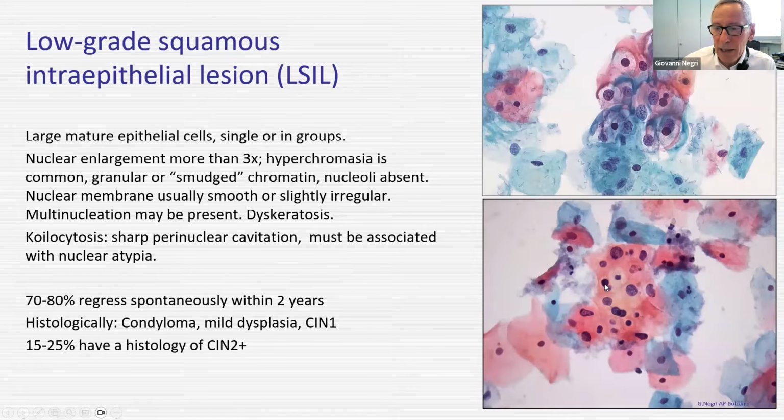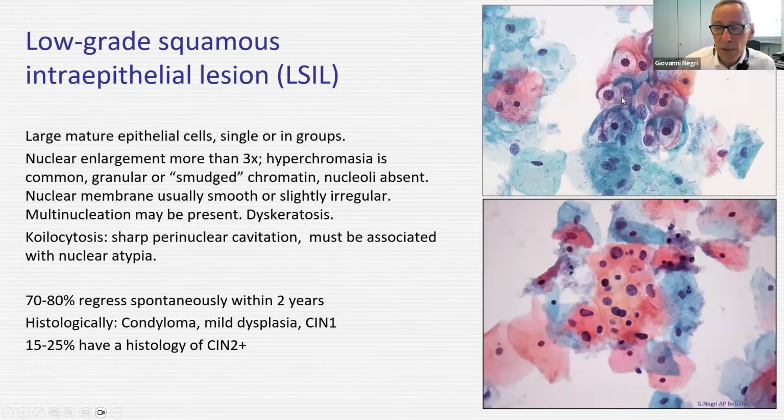And you may have also binucleation, of course. You may have dyskeratosis. And if you are really lucky, you may also see some typical large perinuclear halo, and these are koilocytes. Koilocytes, of course, need to show atypical nuclei. Without the atypia of the nuclei, you can't call them koilocytes.